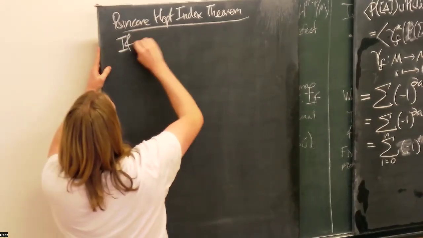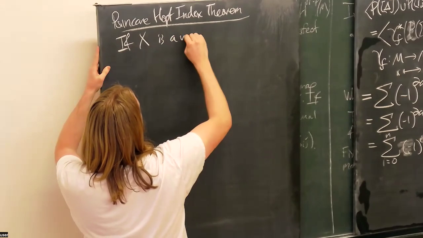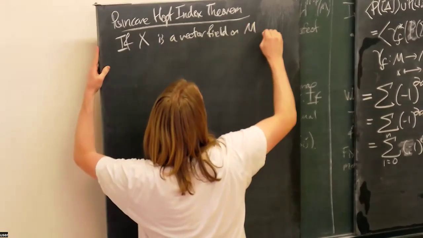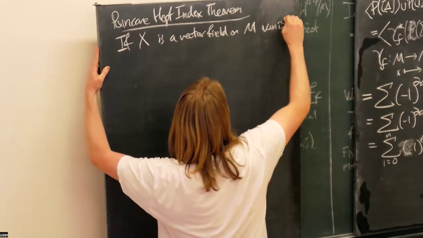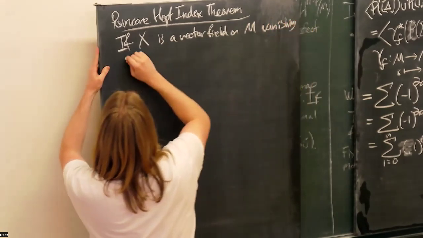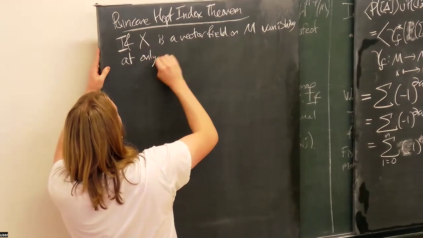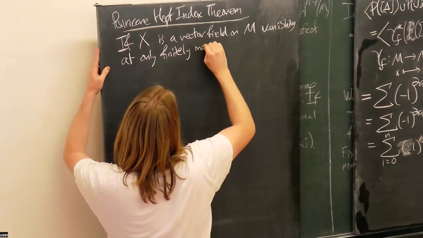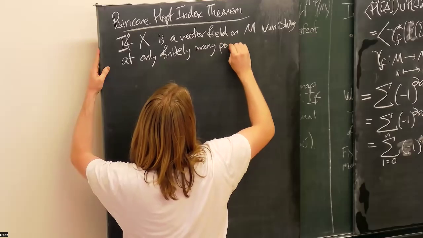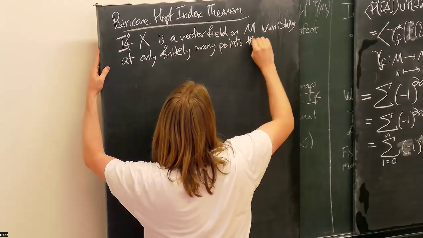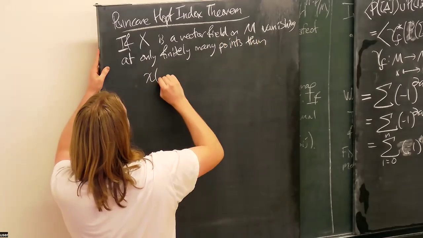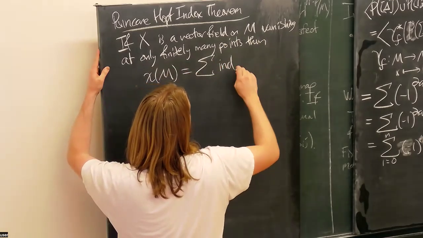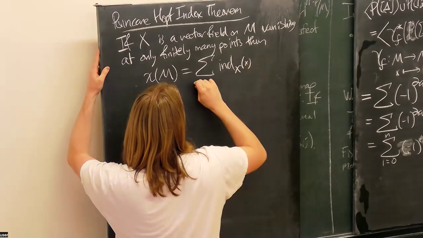So if X is a vector field on a manifold, vanishing at finitely many points, and we find it in the points, it can be non-vanishing, I guess. Then the Euler characteristic of a manifold can be expressed as the sum of its local indices.